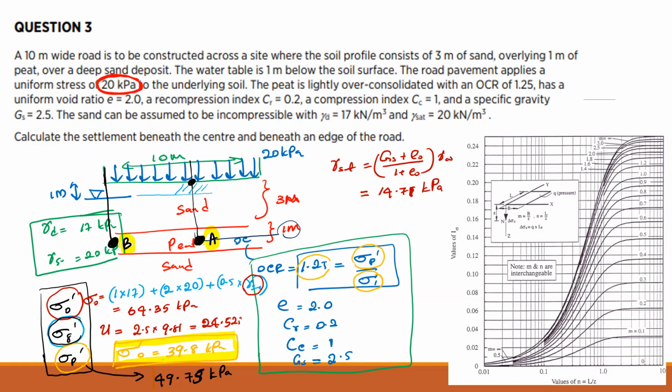Sand is not consolidating, only clay. When you have sand, you don't have to consider its consolidation, so you only consider the peat. The settlement is only happening in the peat. It just says that the sand can be assumed to be incompressible. Yes. But do we always assume that? For the sand, yes, always.